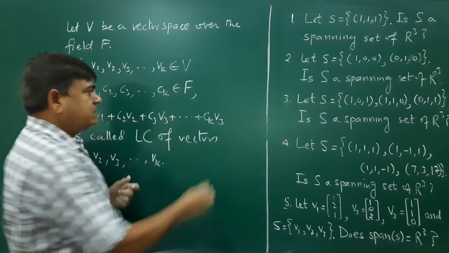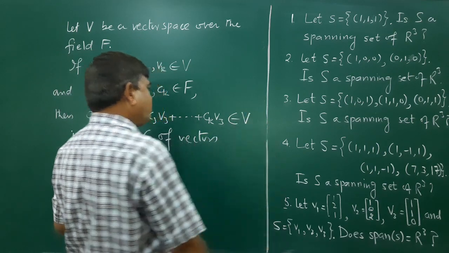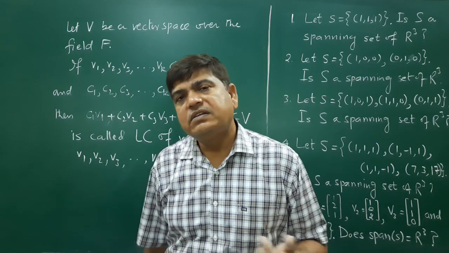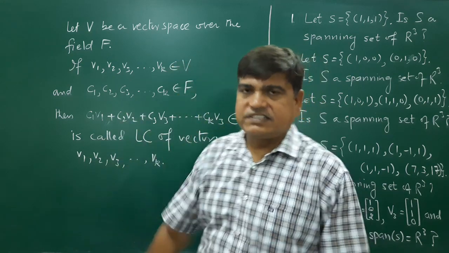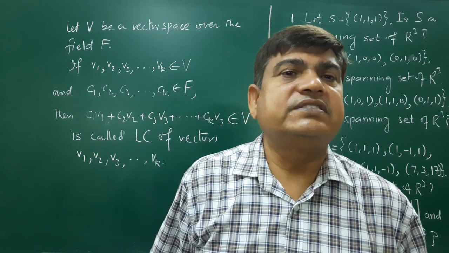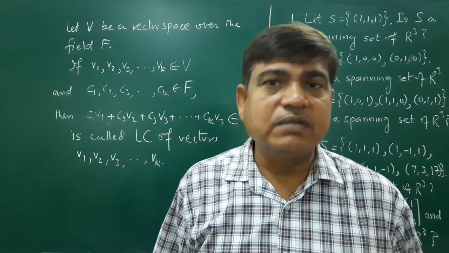Definitely this is a member of V, because we know that V1, V2, V3 up to Vk are vectors, and V is closed under addition as well as scalar multiplication.